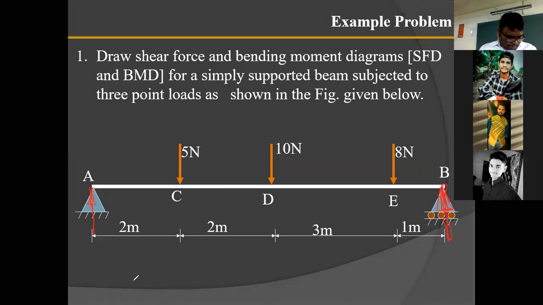So ये क्या है? RA and RB. RA and RB. Now, how to calculate? In the last class, I have discussed how to calculate the reactions at the support in the case of a simply supported beam.